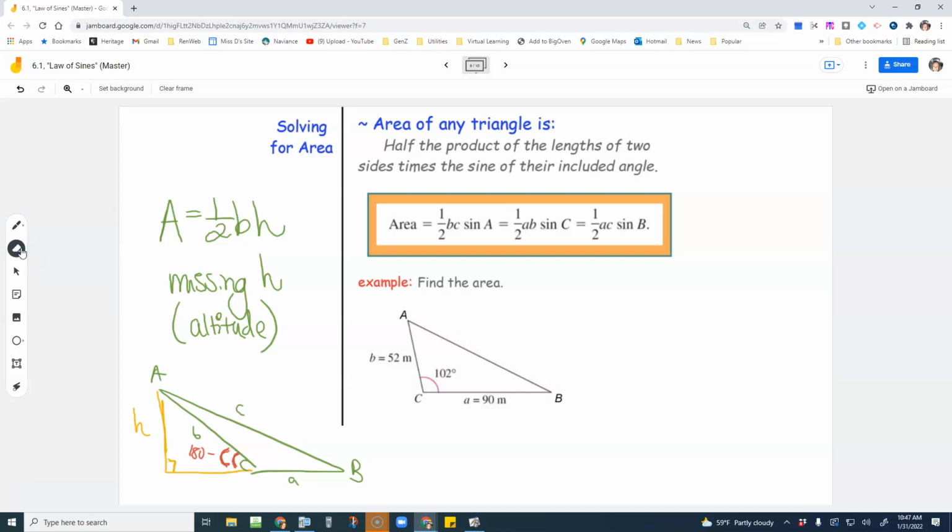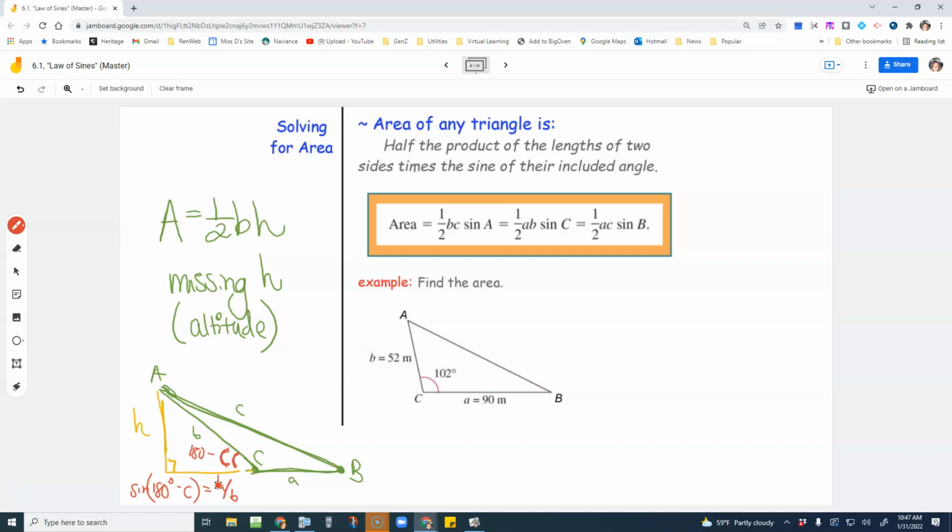So to make things a little clearer, let me put the C on the inside of the triangle. I'd have to do 180 minus C to get that guy, and then I could think of sine of 180 minus C is equal to H over B.